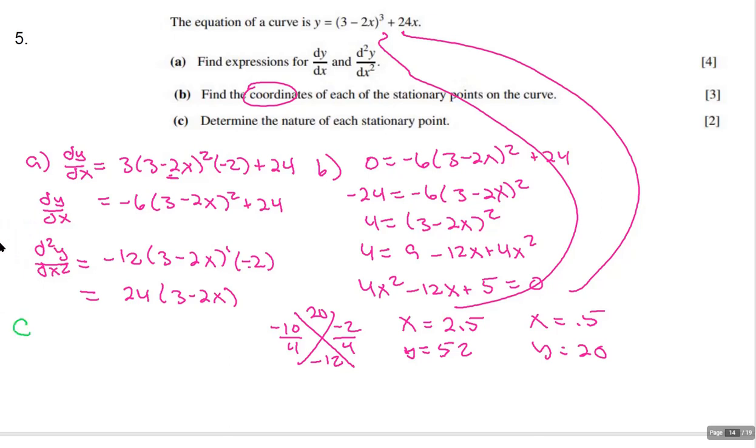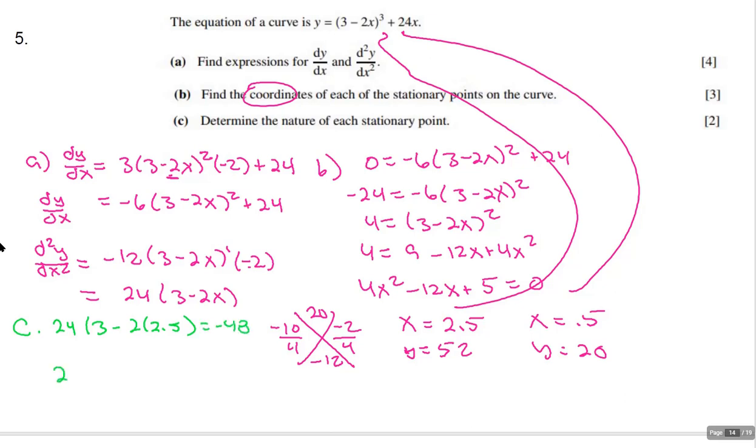And so what I'm going to do then is take my second derivative, which happens to be right here, and substitute in my two values of 2.5 and 0.5. So if I do this one, 24 times (3 minus 2 times 2.5), I'm going to get negative 48.